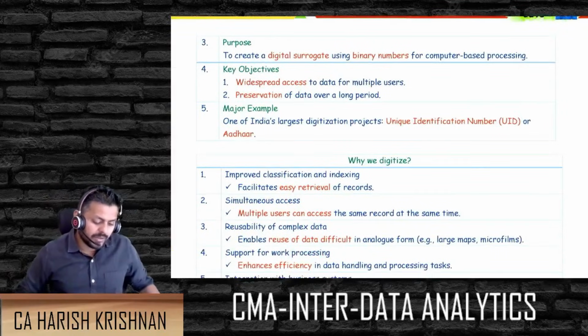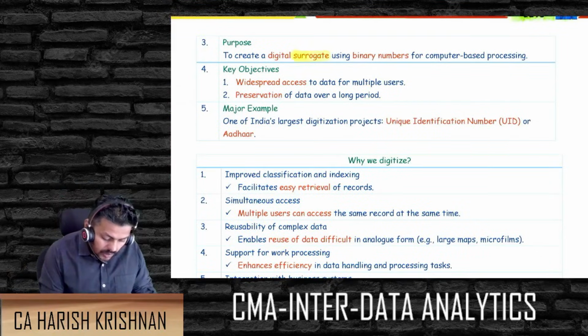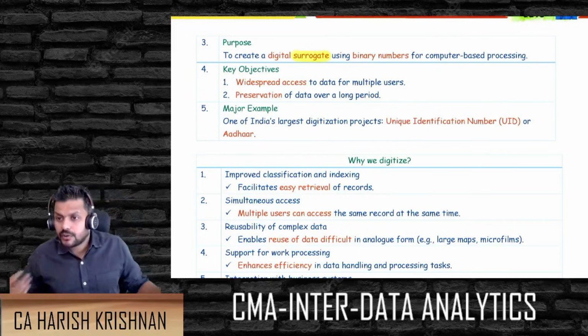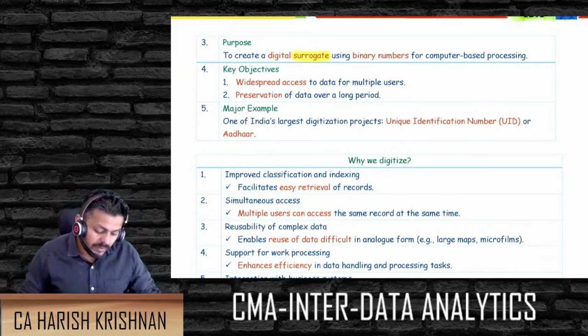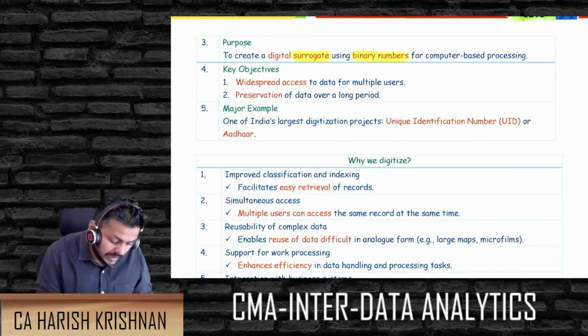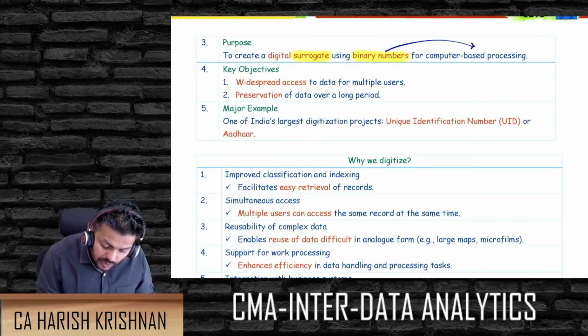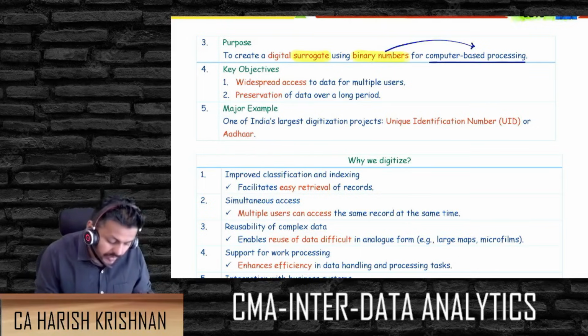So the purpose is to create a digital surrogate. Generally they say surrogate baby, like that here. Digital surrogate means another version of it, created using binary numbers. What is the main reason? So that they can be used for computer based processing.